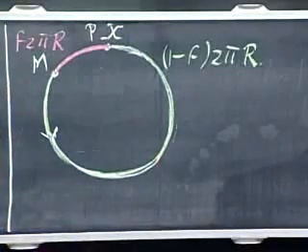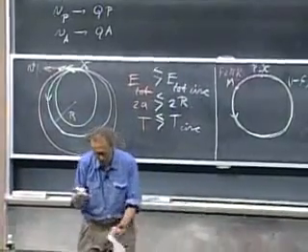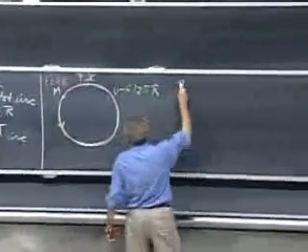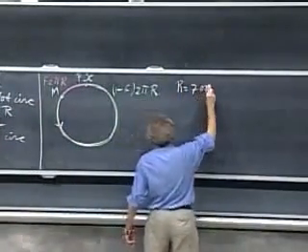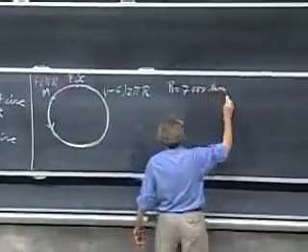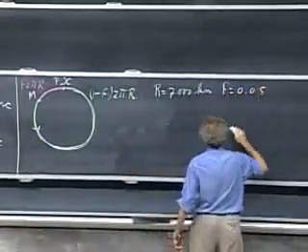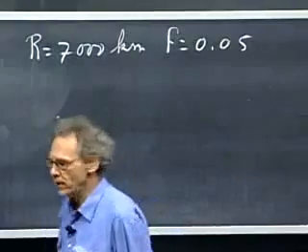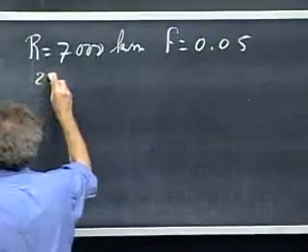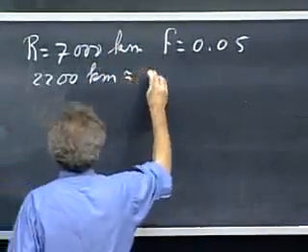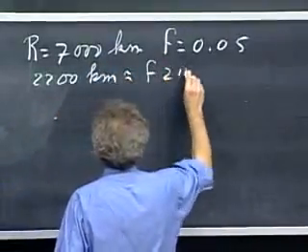And I will be more specific by giving you some numbers, then you can digest that better. Suppose they are in an orbit with a radius of 7,000 kilometers. And suppose f equals 0.05. So the separation between Peter and Mary is 2,200 kilometers. So that is f times 2 pi r.